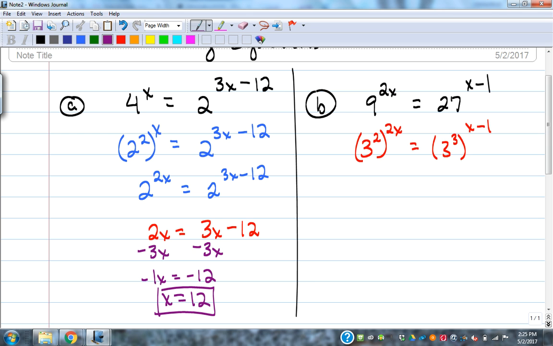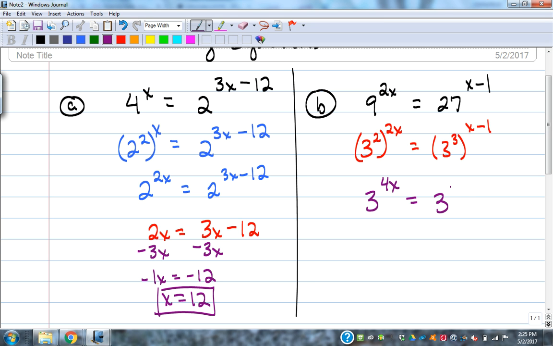And then I follow exponent rules. Because I could get the bases the same, I'm going to use the exponent rules to solve this. If I can't get the bases the same, I can't do that. Okay, so on the left side here, 3 to the 2 to the 2x is actually 3 to the 4x, right? You multiply those two. On the other side, we end up with 3 to the what power? 3x minus 3, because we're going to distribute this 3 to both terms. 3 times x is 3x, 3 times 1 is 3.